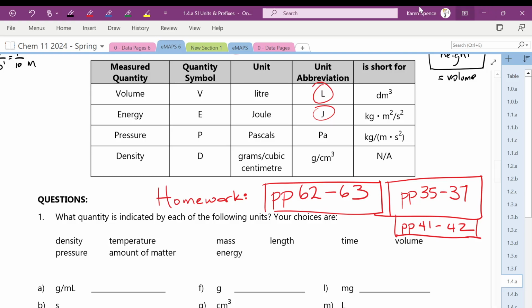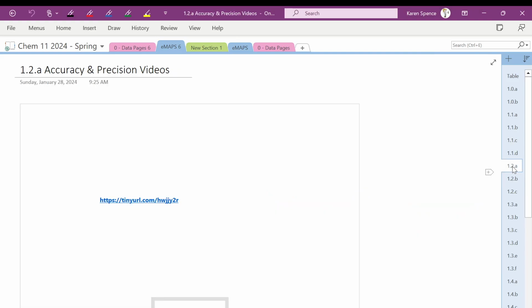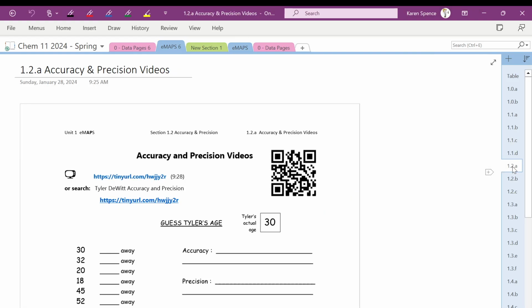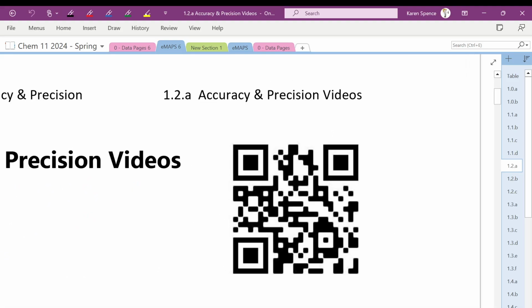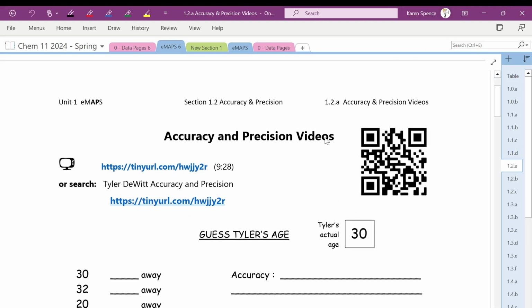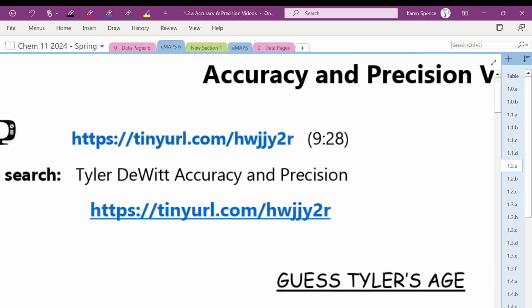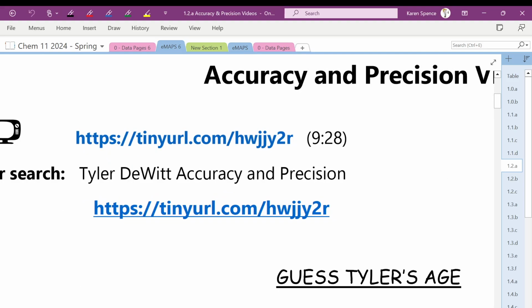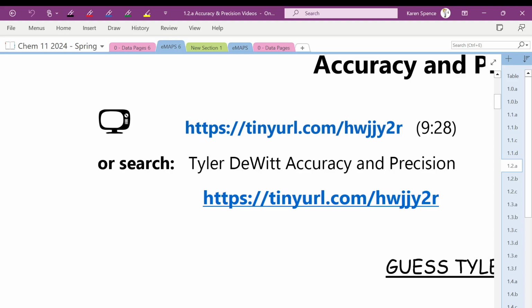Oh, and just so you guys know, when you're looking at, let's say, page 35, there's a QR code at the top there. What will that let you do? It's going to let you go and see the video. Okay, so there's a video for you to watch now. You can also type in the URL if you're on your computer at home, or you can just search for Tyler DeWitt Accuracy and Precision.